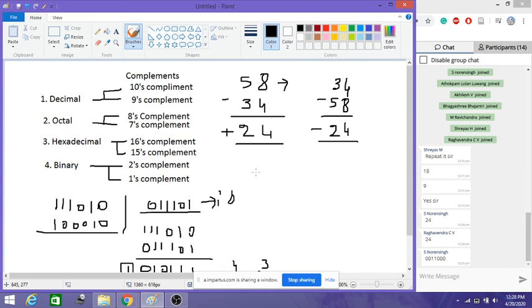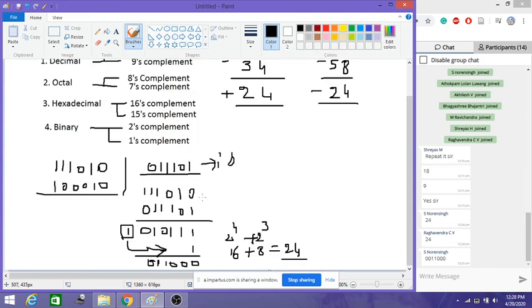Now let us do this with the same ones complement method. Now these values will get reversed. It means 1 0 0 0 1 0 will become your minuend, and 1 1 1 0 1 0 will become your subtrahend.